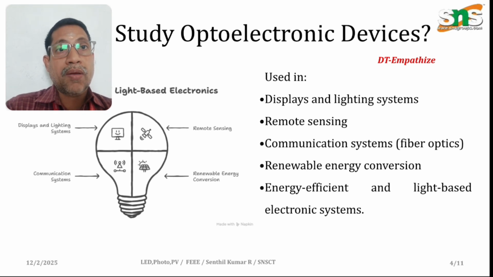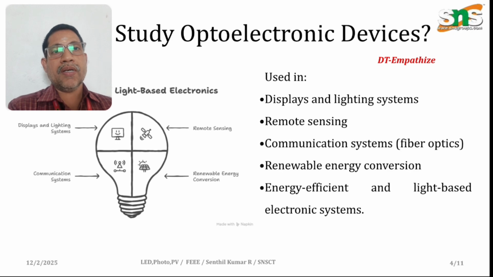Now, why do we study optoelectronic devices? The emphasis is on light-based electronics. For example, the applications given here are displays and lighting. Displays means an LCD, which you may come across in your TV.